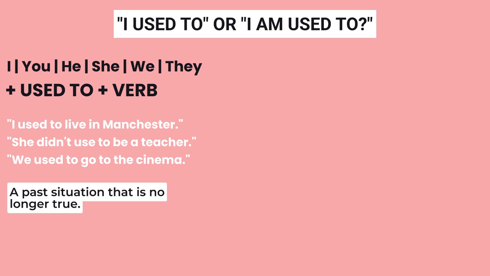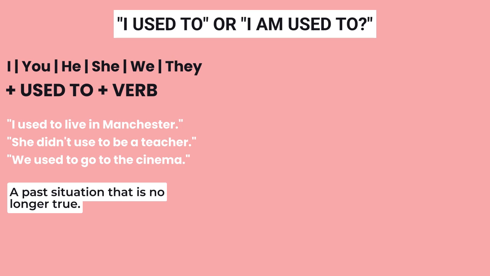Whether you use it in a positive or a negative way, whatever it is that you're saying is not true today. The opposite is true today. So, for example, I used to live in Manchester, but now I don't. She didn't use to be a teacher, now she is. We used to go to the cinema.